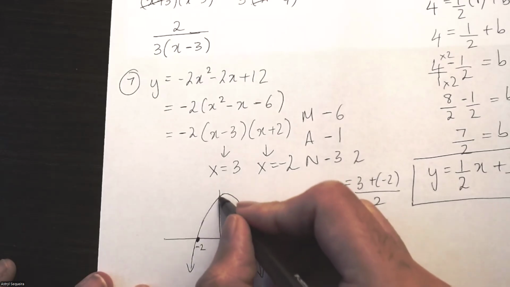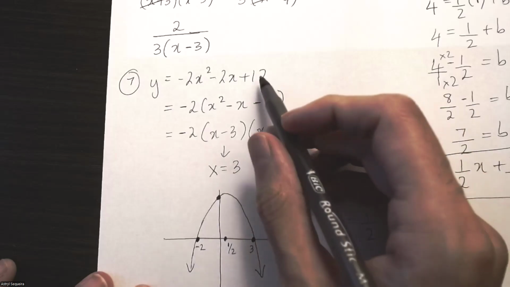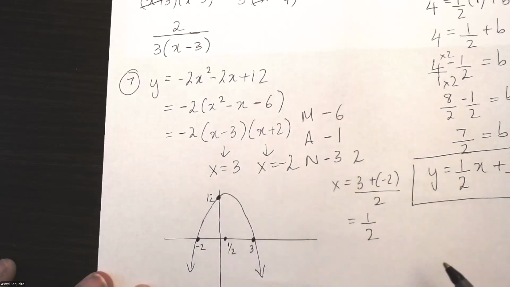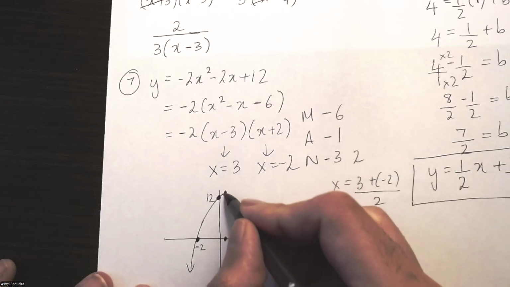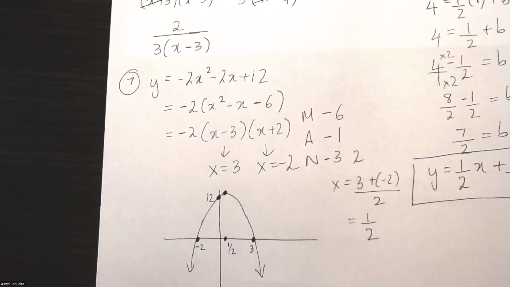The y-intercept over here is just 12, which means if you subbed in a half into that, you'd probably get something like 12.5 or 13 for the vertex, but it's not really necessary to find the y value there because you don't have a calculator here, so they wouldn't expect you to do it without a calculator, although you could do it pretty easily if you wanted to. It would just take a little bit of time.